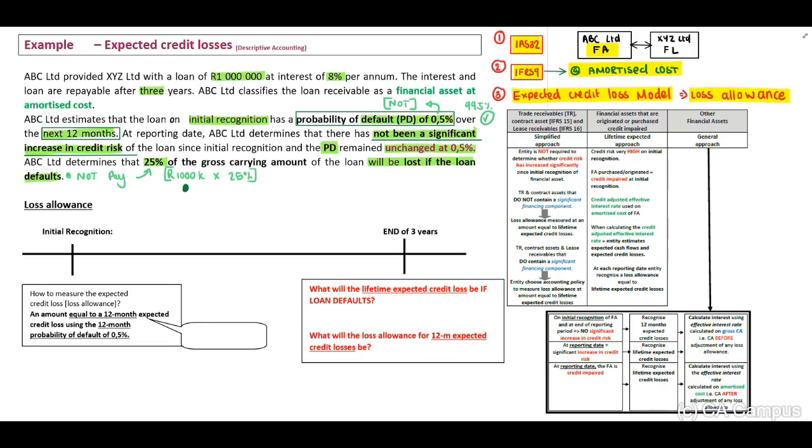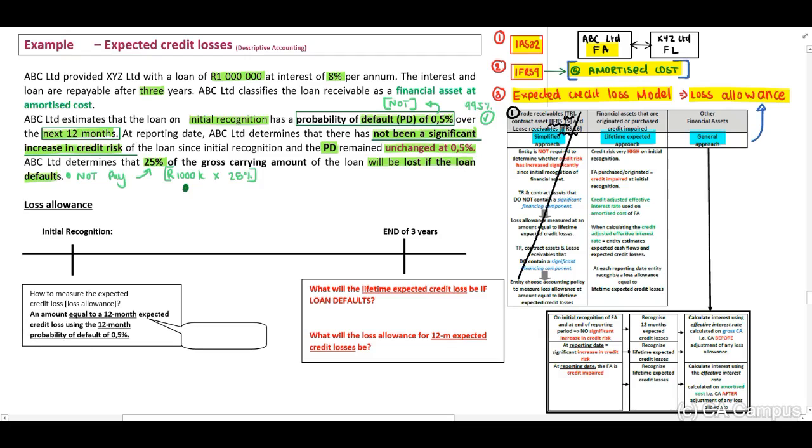My question, do we have to use our simplified approach, our lifetime expected approach, or our general approach to determine our loss allowance? In which category will our financial asset at amortized cost fall into? Our first category relates to trade receivables, IFRS 15 and IFRS 16.